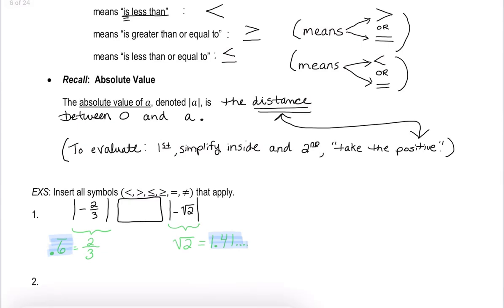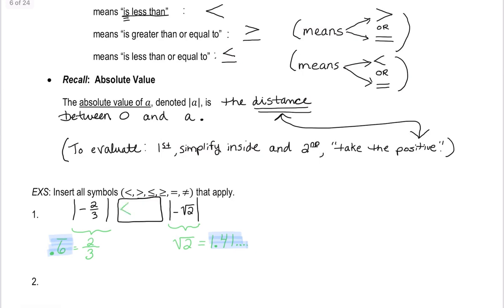So we want to go through the list of these symbols and fill in any of them that make a true statement. Certainly 0.6 is less than 1.4, with that going on forever with no pattern. So certainly the less than symbol is true.